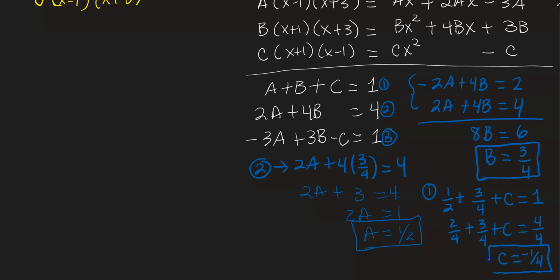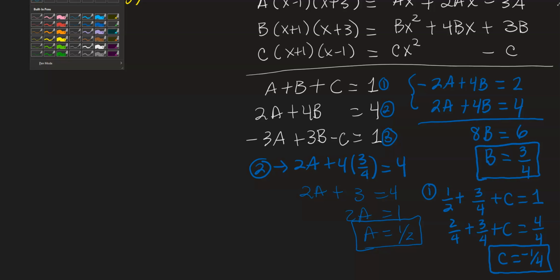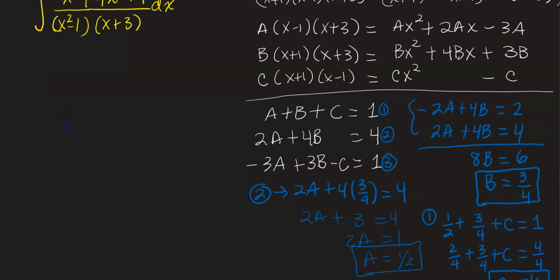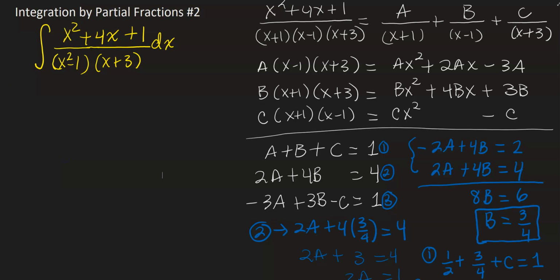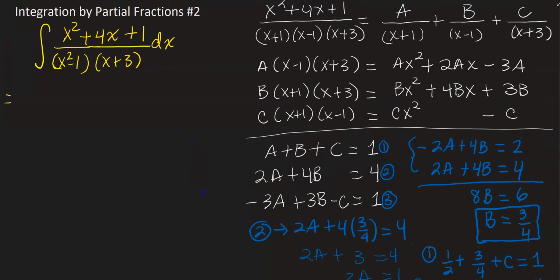And that is C. So remember these coefficients now, we're going to have to go back into our fraction from the beginning and split the integral into 3 partial fractions, right? So A is 1/2. So we will have 1/2, I'm going to put that in the front, integral of 1 over x plus 1 dx.